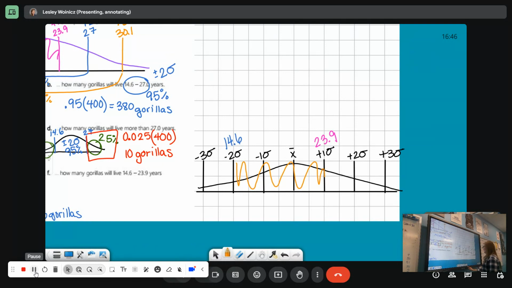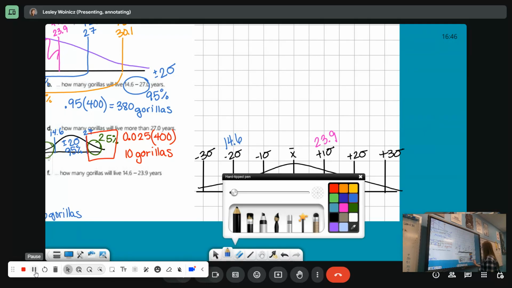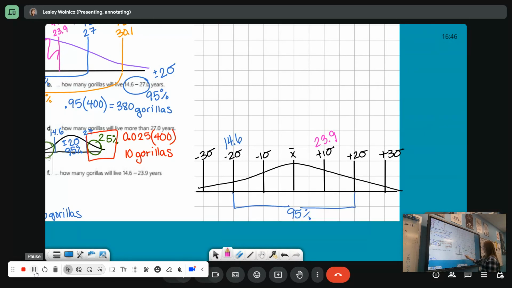It would be really helpful if we know, for example, that this is 95% and this is 68%. The question is, can we find out what is here and what is here?